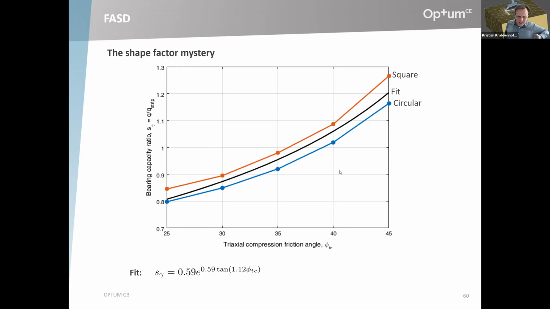The direct shear test has some other inherent problems, so it's sort of difficult to say which test to rely on more. I think the triaxial compression test is probably the most reliable one, but it's also the one that gives the smallest friction angle that you would then have to somehow estimate your plane strain angle from, for example, using some of these formulas that I showed you before.